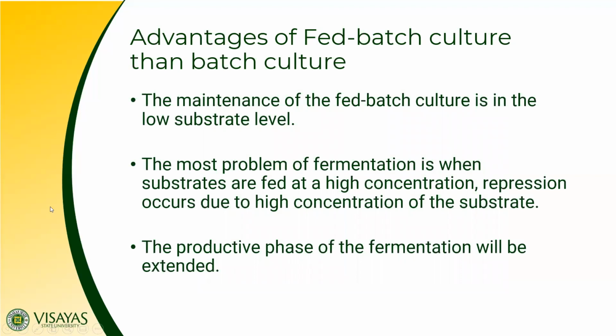The advantage of the fed batch culture is the maintenance of the culture at a low substrate level. The most common problem of fermentation is when substrates are fed at a high concentration: repression occurs due to the high concentration of the substrate. There is feedback inhibition when there is an increased concentration at the onset of fermentation.